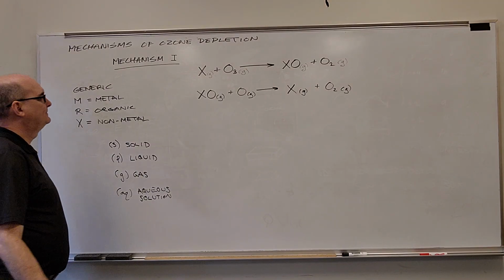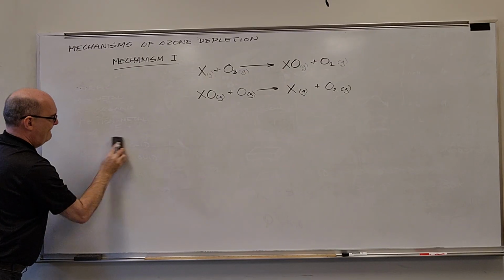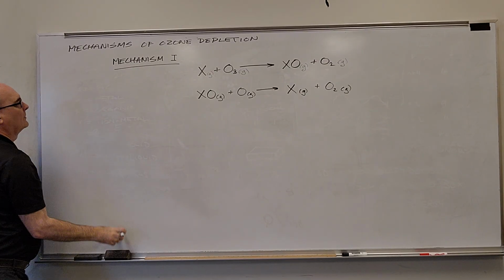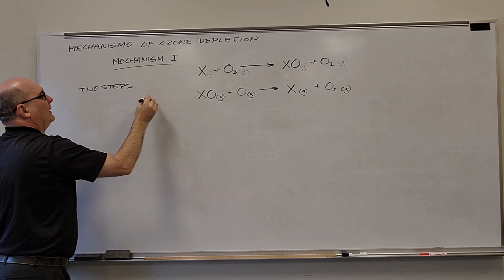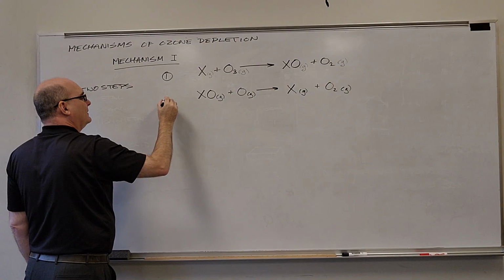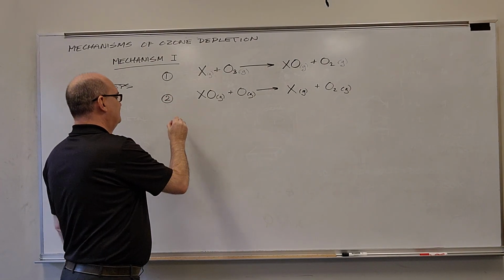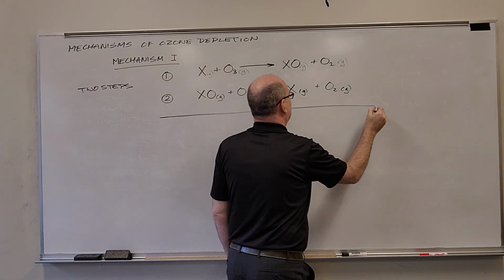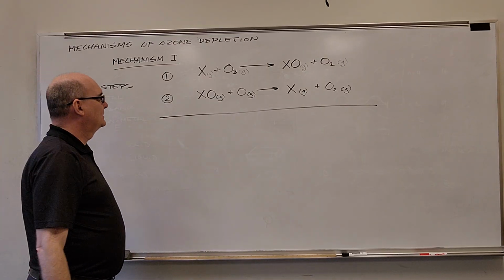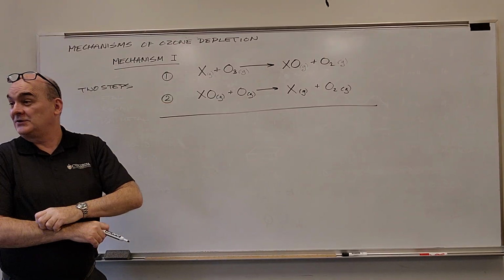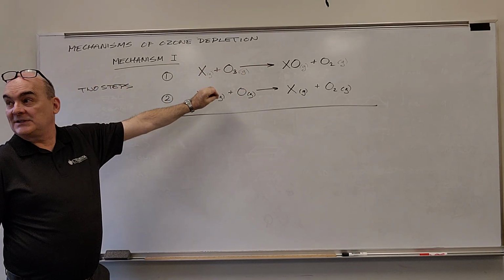It's a two-stage reaction. So this mechanism that we're going to call mechanism 1 goes by 2 steps. Let's call step 1, 1, and call step 2, 2. If we do the simple math of this, simultaneous equations, the arrow is an equal sign. Everything that's on the left gets added together.